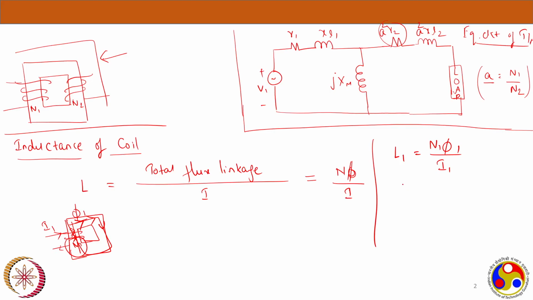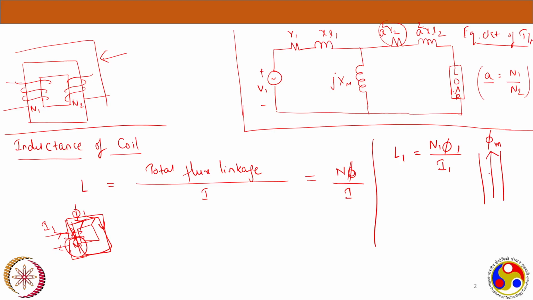Another concept we need to be careful about is that the entire main flux which has been generated won't actually confine to the core. I'll show you here. Let's say this is the core. Here my main flux is passing, flux main. It is a minimum reluctance path because it is going along the core.